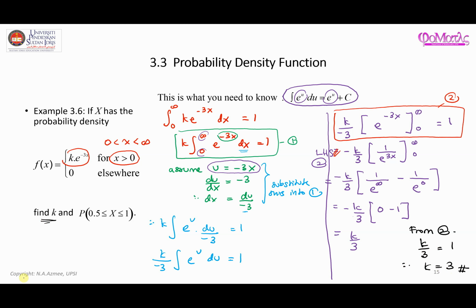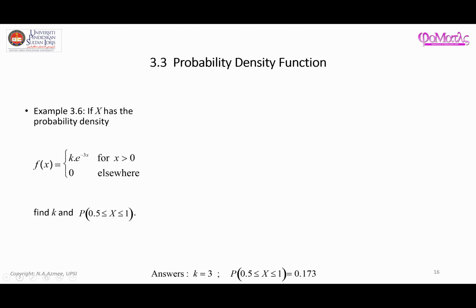Next we are going to find the probability of our random variable between 0.5 and 1. We're just going to do it step by step. So here we've got the probability of x between 0.5 and 1.